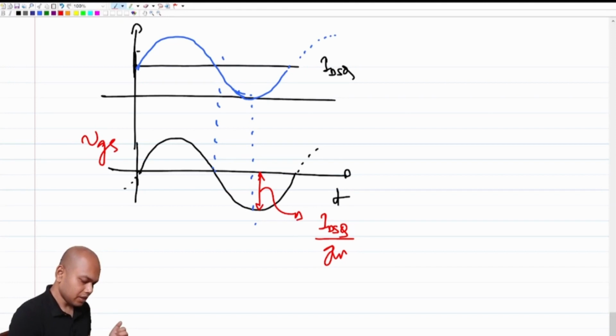So now you would have seen that we have gotten two constraints.